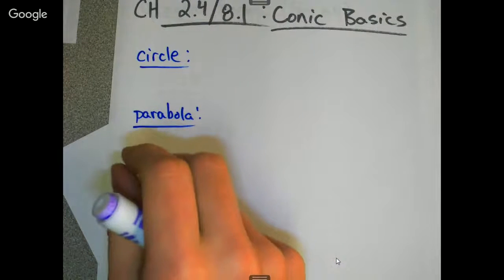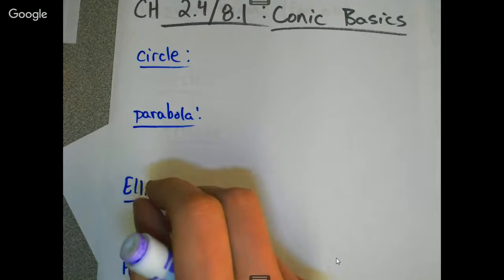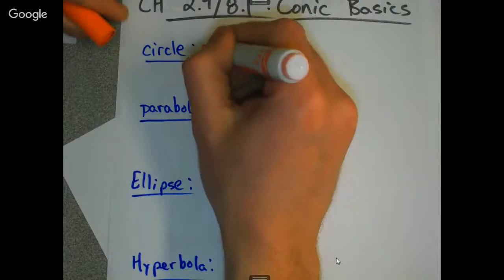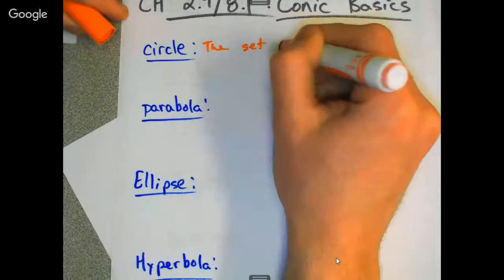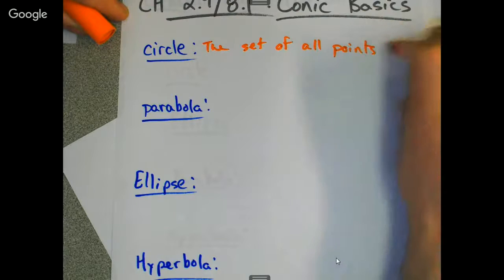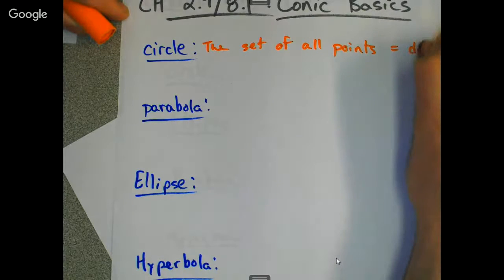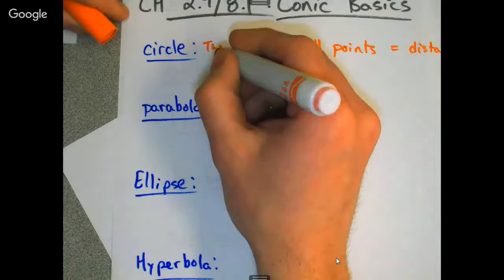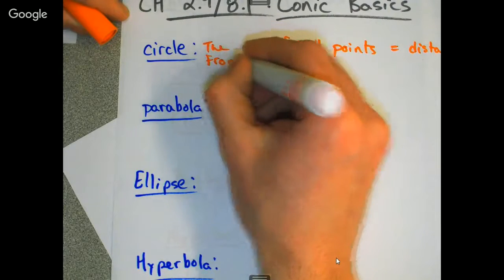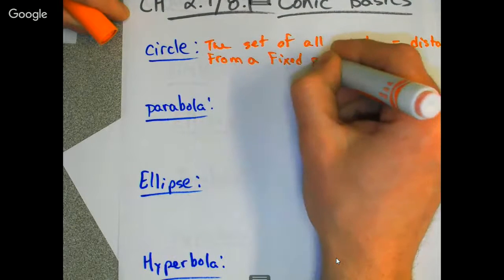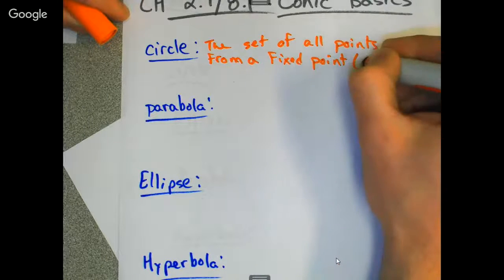So let's first talk about a circle. We're going to define a circle. A circle is the set of all points equal distance from a fixed point called the center.